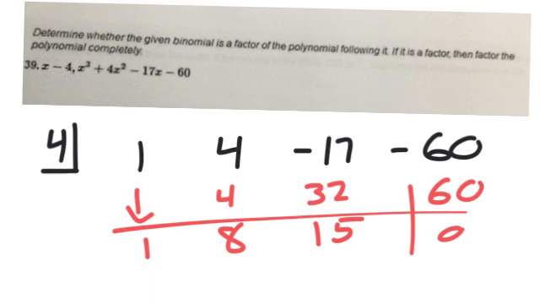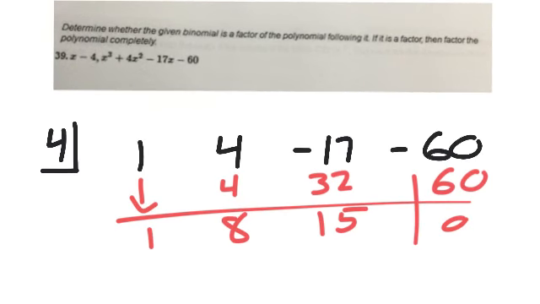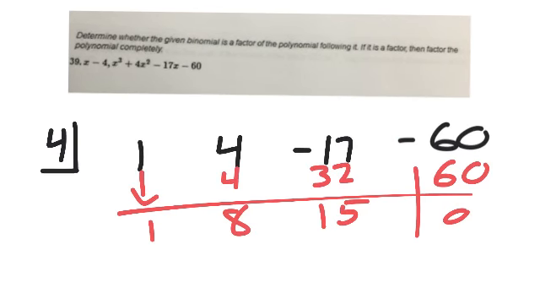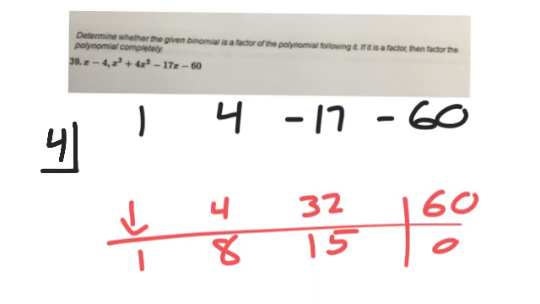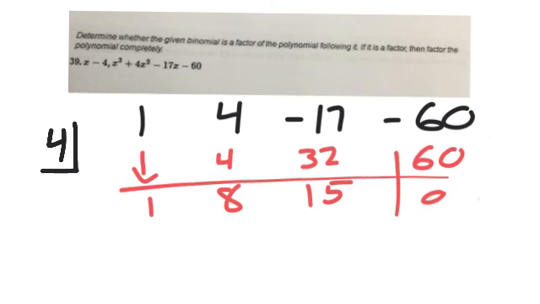Okay, so it turns out that x minus 4 is indeed a factor because it gave us a 0 remainder. Now it tells me if it is a factor, then I need to go ahead and factor that out completely.